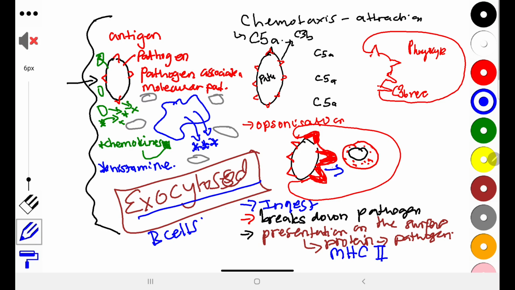But above all, we've talked about the presentation of some peptides of this pathogen on the surface of the phagocyte, specifically on MHC 2. In the next one, we will talk about what happens next. Yes, it has been presented. What next?